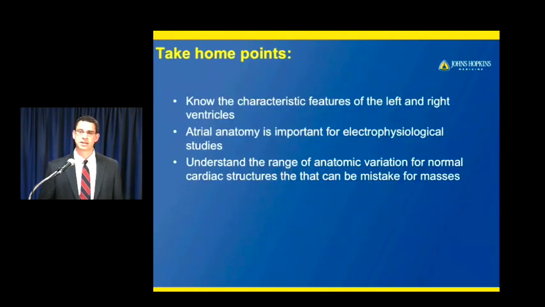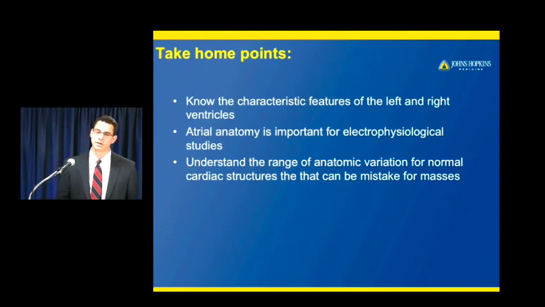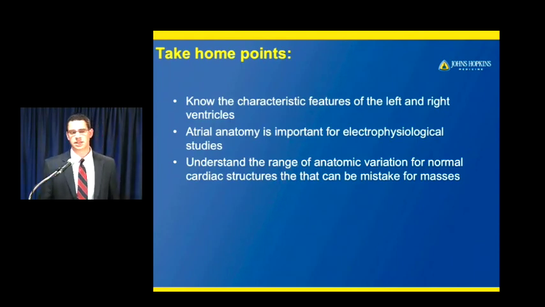Okay, so that sums up our review of the coronary and the chamber anatomy. Here are some take-home points. Know the characteristic features of the left and the right ventricles, and this becomes important if you do any congenital heart disease. It's important to know the different features and distinguish the right and left ventricles in patients where there may be some abnormal relationships between the right and the left side.